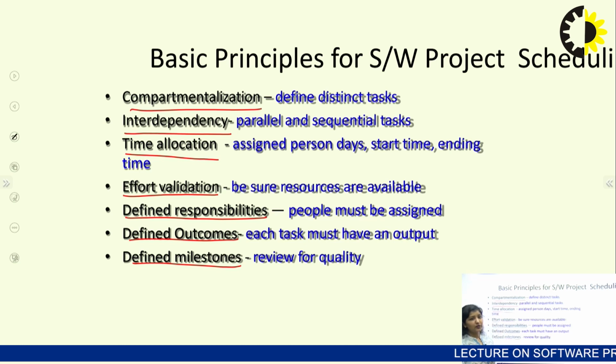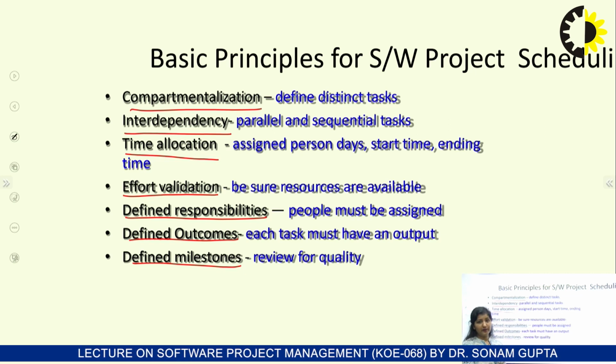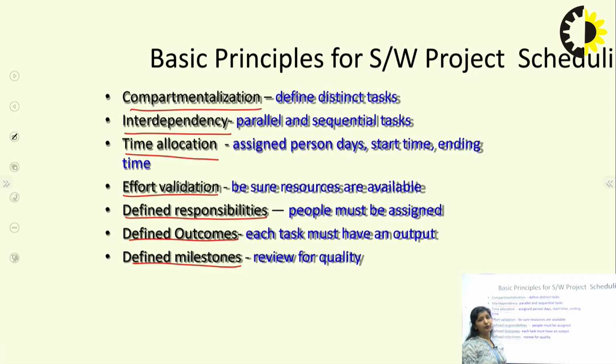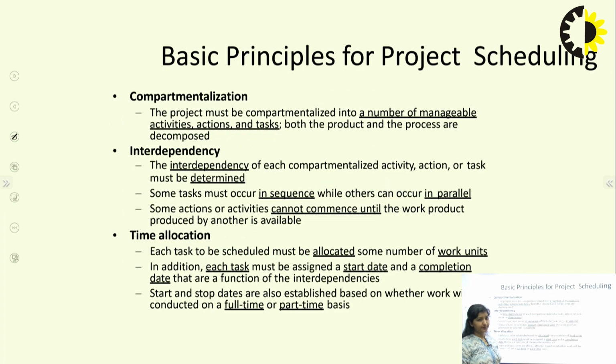Time allocation means each assigned person gets days, a starting time as well as an ending time. Effort validation means the resources which are available to complete the project. Defined responsibilities: the staff has been identified, now the work should be assigned to them. Defined outcomes: each task must have an output. And defined milestones means a review for quality. So these are the basic principles for any software project.